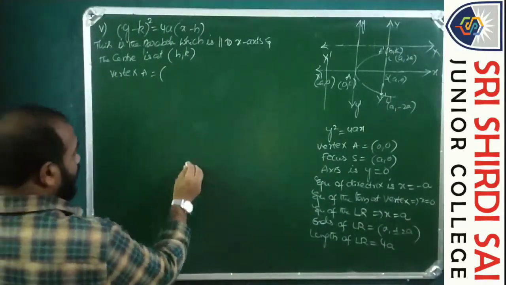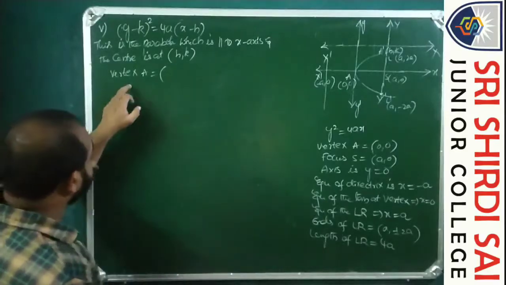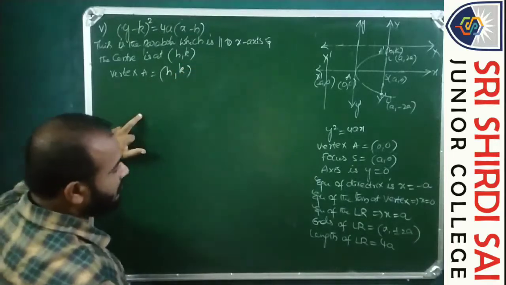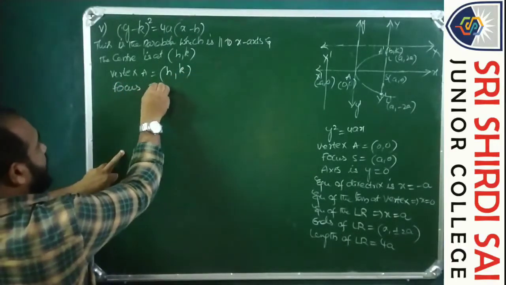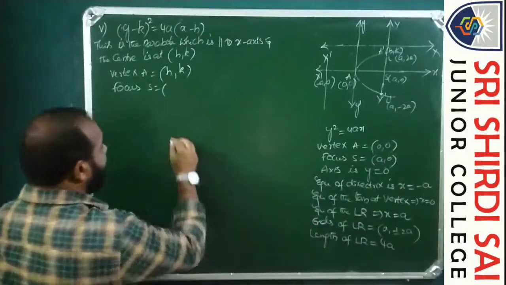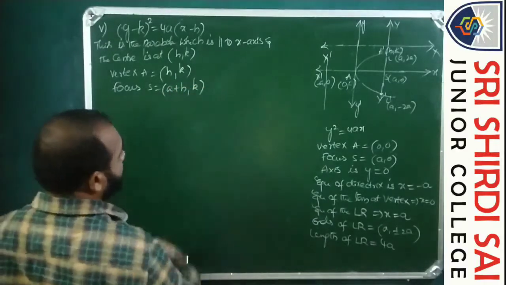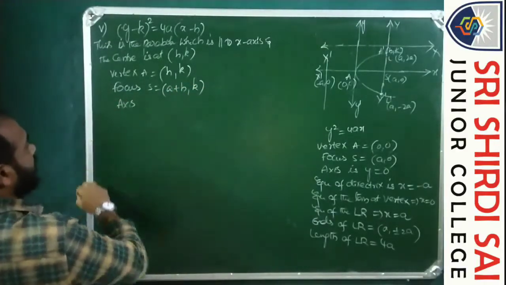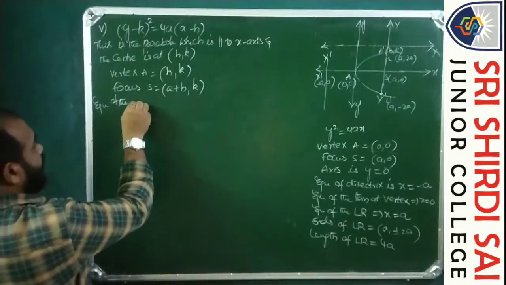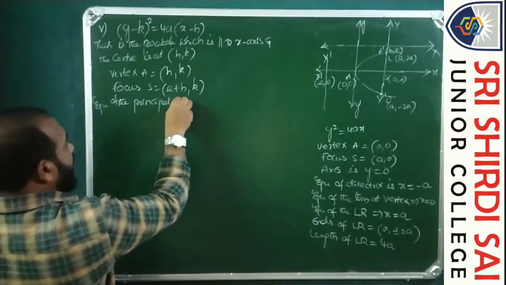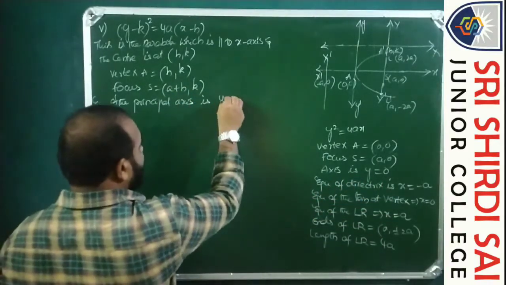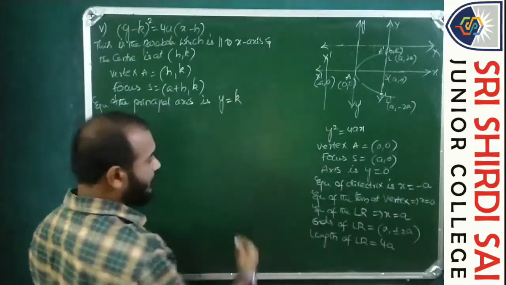So now, the vertex A is, for 0 0, h and k will be added, so h comma k. Focus S is a comma 0, with h and k added, so a plus h comma k. The equation of the principal axis: here y is equal to 0 plus k, so y equals to k.